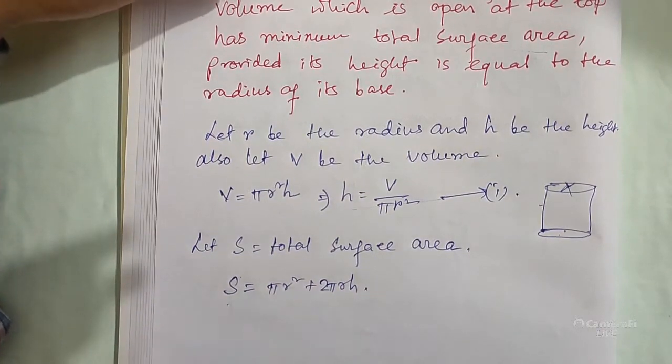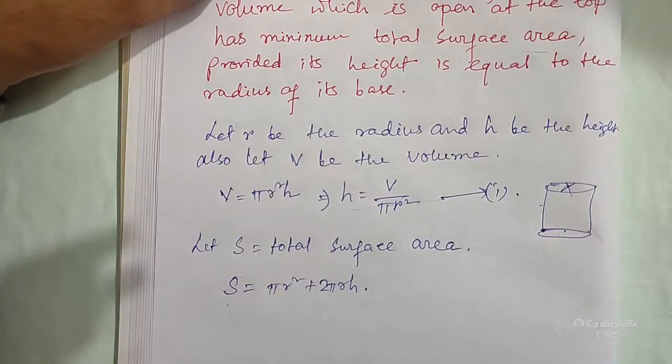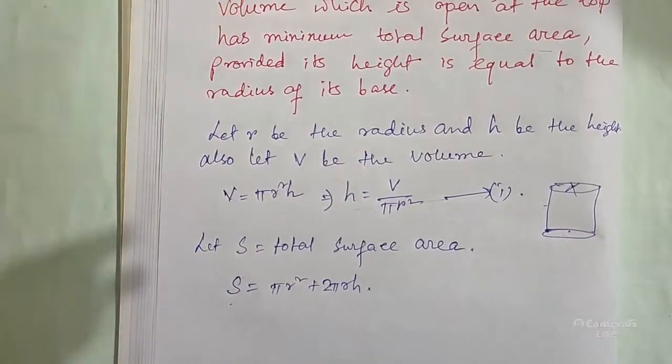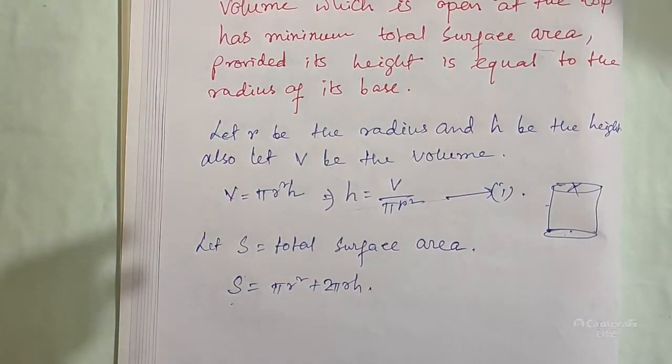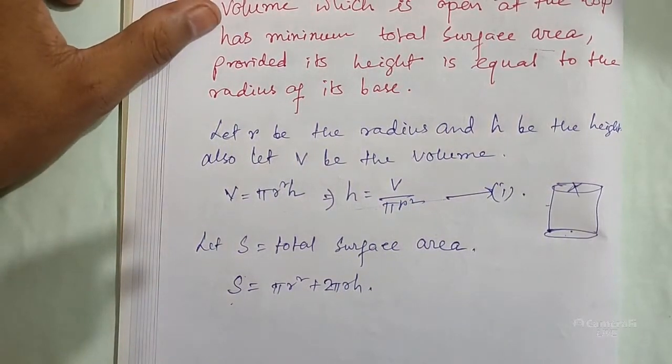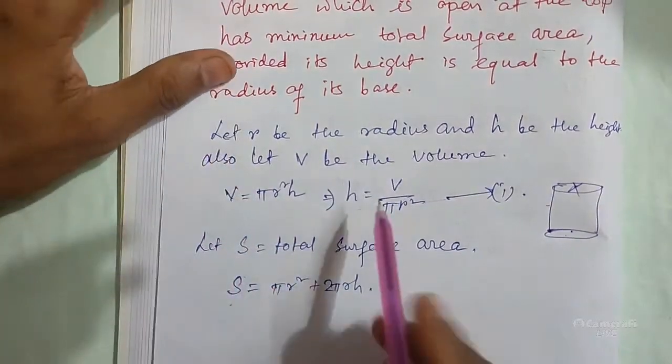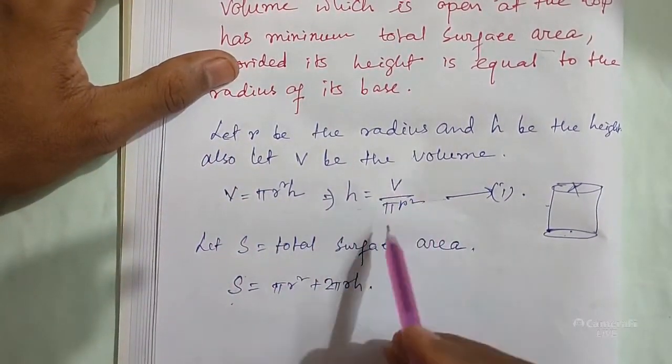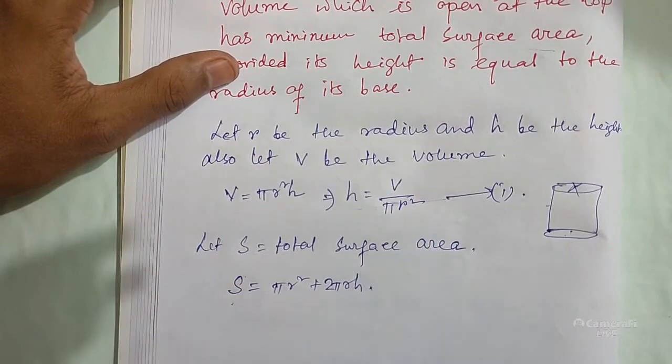That means this S we have to differentiate. Now with respect to which variable we will differentiate it? With respect to r or with respect to h? Here we have to choose a variable according to our wish, and we have to replace the other variable with the given condition. Here the given condition is h equals V by pi r square.